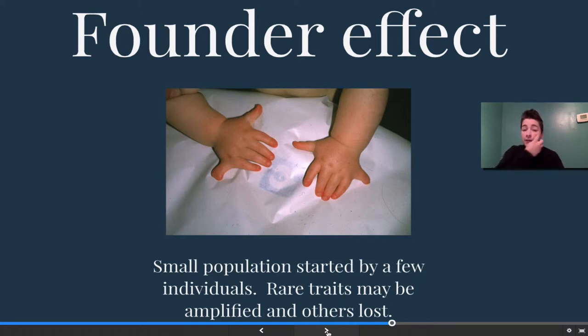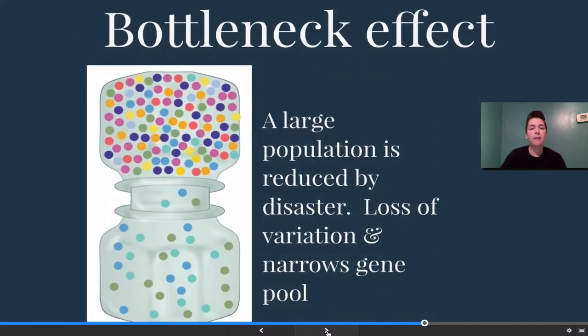It's a rare trait, but it's amplified in these smaller communities that are isolated from the rest of the world. They don't have the genetic variety, so 6-fingeredness in some communities is very common. And other traits can be easily lost because once that trait is out of that population, it can't come back.